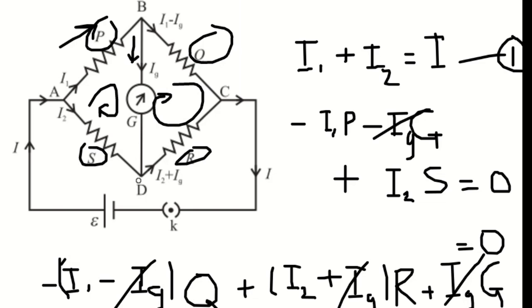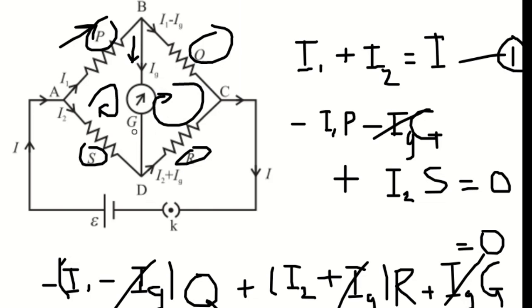So how will we know that the ratio is equal? We know this is the condition when there is no current flowing through the galvanometer. So we will adjust the resistance such that the current through Ig is zero, that is, there will be no deflection because there is no current through the galvanometer.